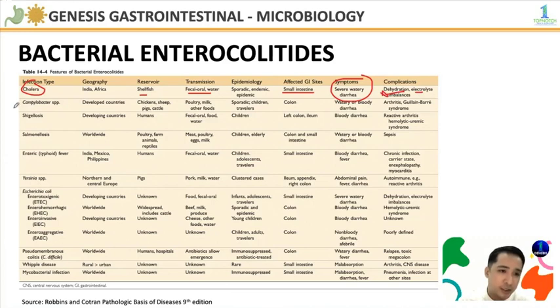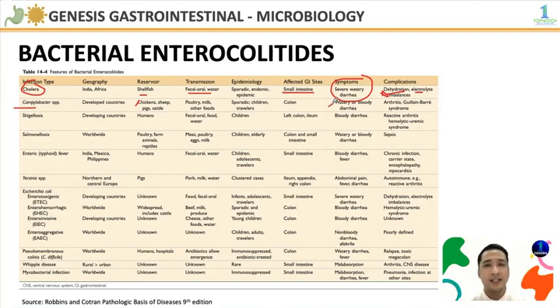Next, we will discuss further Campylobacter jejuni infection, which is the most common bacterial infection causing diarrhea. Usually, the main reservoirs are chickens or poultry, sheep, pigs, and cattle. The mode of transmission is through ingestion of food infected with Campylobacter. Signs and symptoms will include watery or bloody diarrhea.